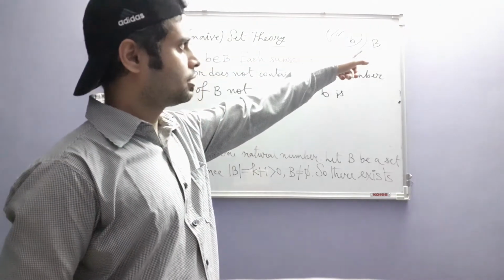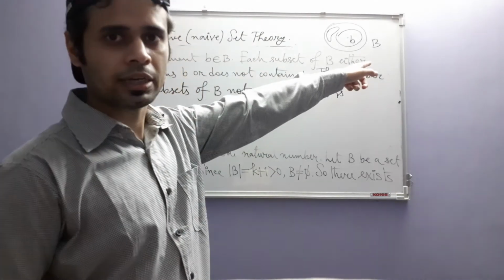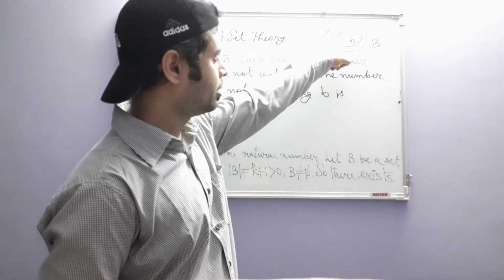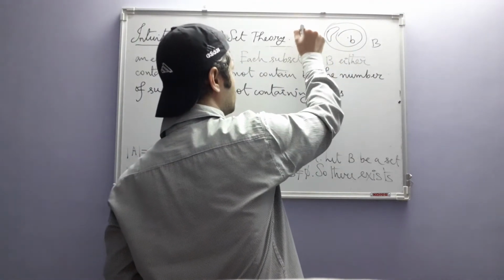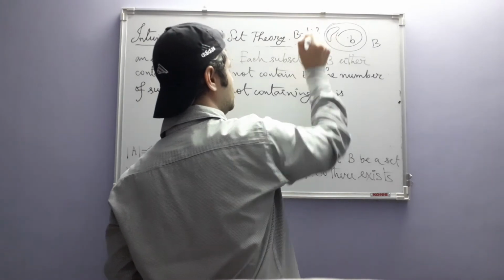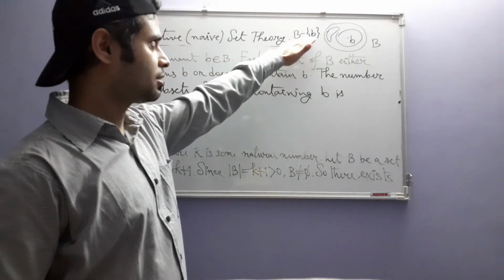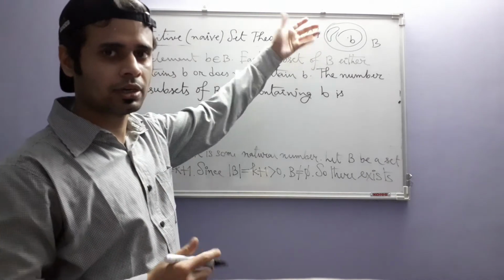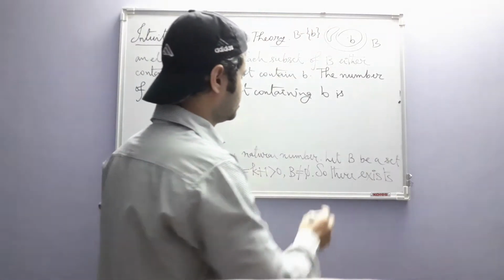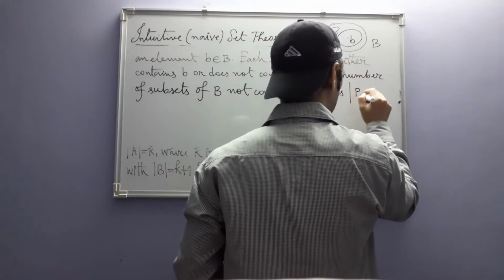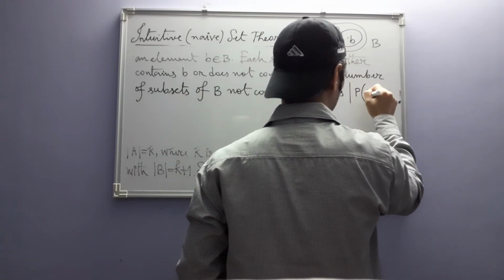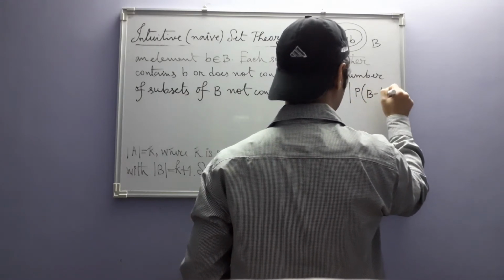Any subset that does not contain this small element b is actually a subset of B minus b, and any subset of B minus b does not contain small b. Okay, so this is cardinality of power set of B minus b.